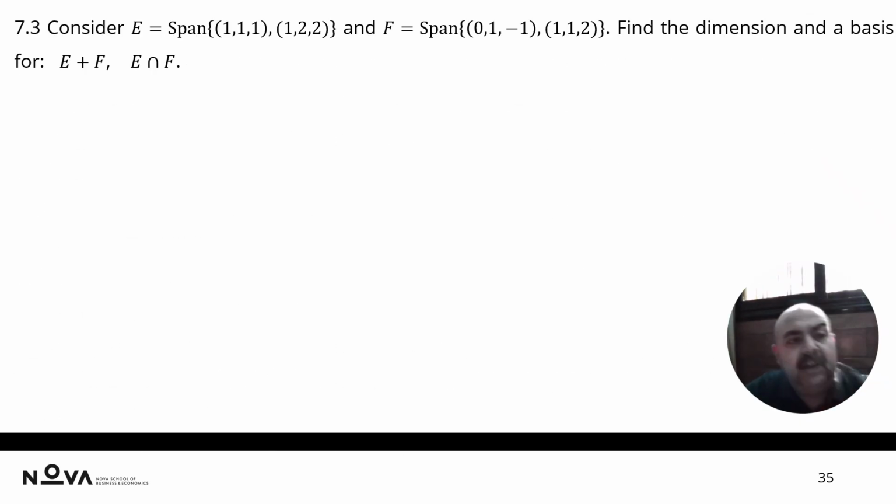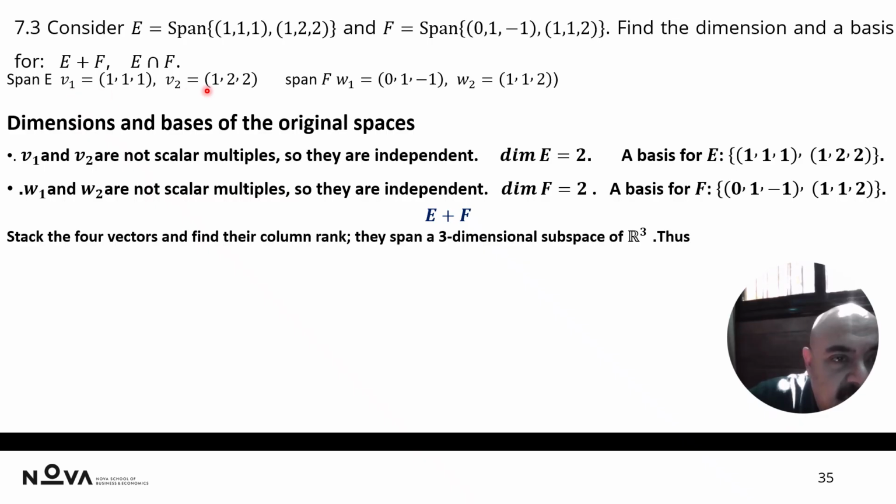You also have this example here, 7.3, which gives you E, a set with two vectors, and F is also a set of two vectors. I want to find the dimension and the basis for E plus F, and for E intersection F. First of all, let's look at E and F. E consists of two vectors and F consists of two other vectors.